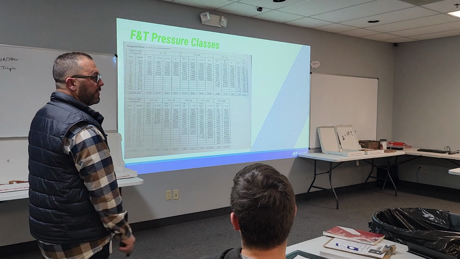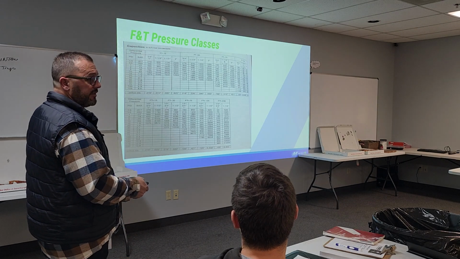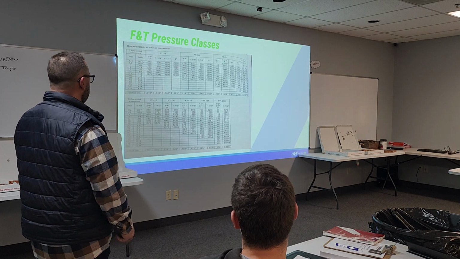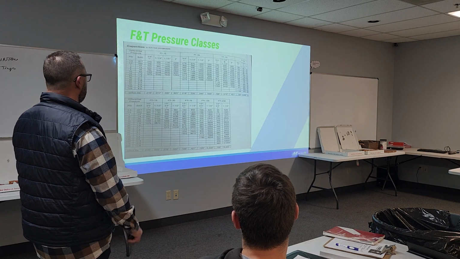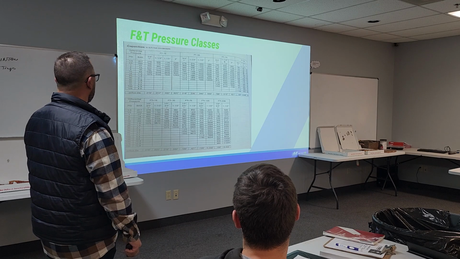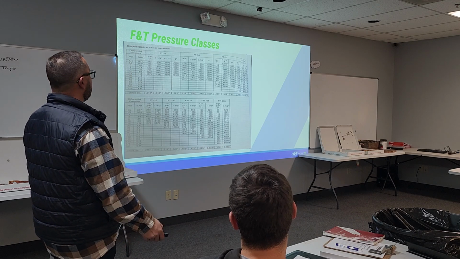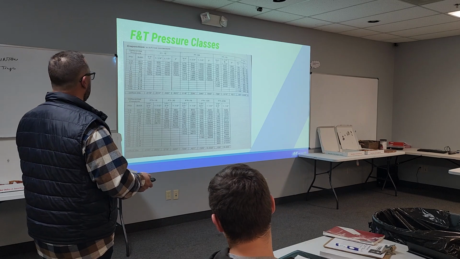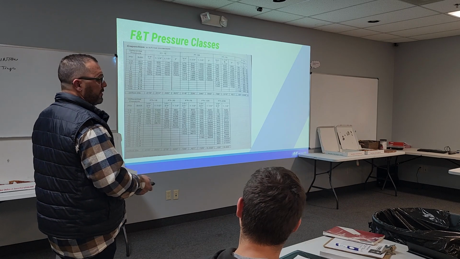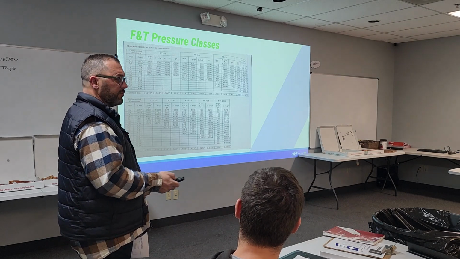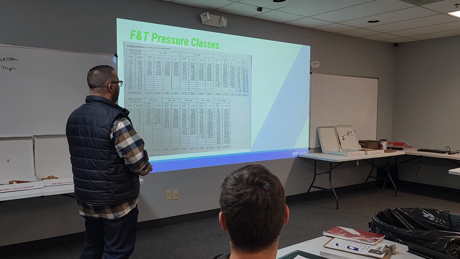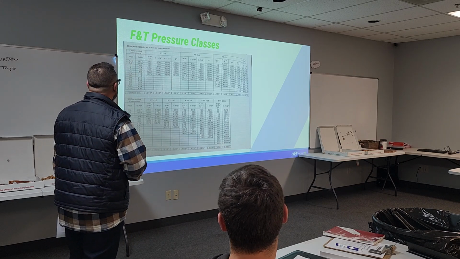There are some FTBs and some higher pressure stuff, but generally you just need to know what the pressure is when you're putting in F&Ts. But when we get into sizing, you've got to know some process data in order to size it. It's not just, hey, this is a 1/2 or 3/4 inch drip trap.